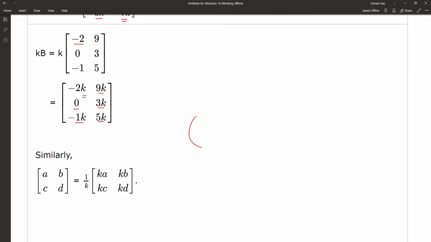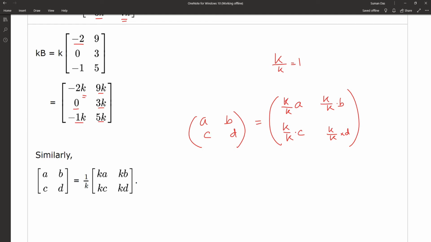Suppose we have A, B, C, D. Now we can write it as k by k into A, because k by k means 1, k by k into B, k by k into C, k by k into D. So we take common from k by k as 1 by k. So we get kA, kB, kC and kD, and that one is the result written here.